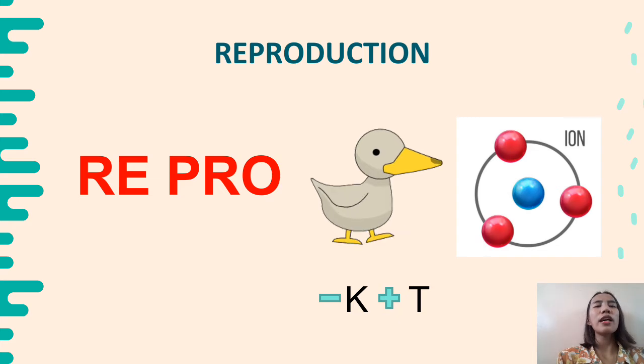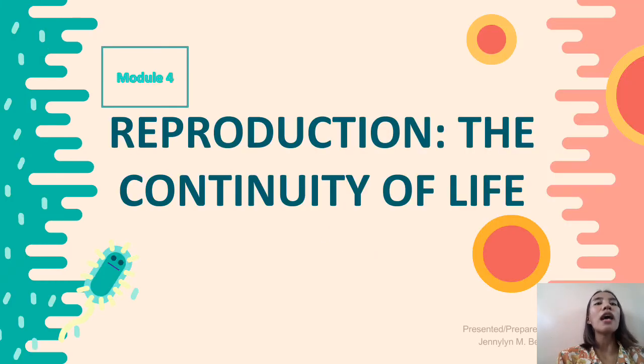So based on the activity we had, who has an idea of our topic for today? Anyone, class? Yes, Alvarez. Very good. Our topic for today is about reproduction. Reproduction, the continuity of life.